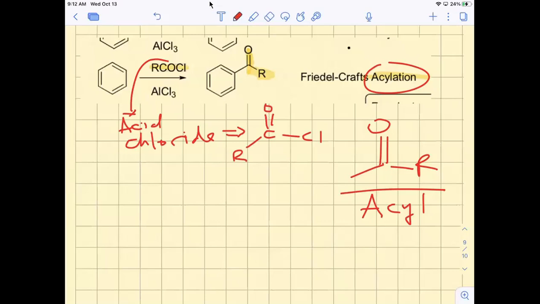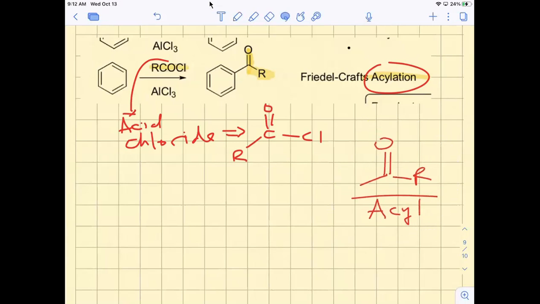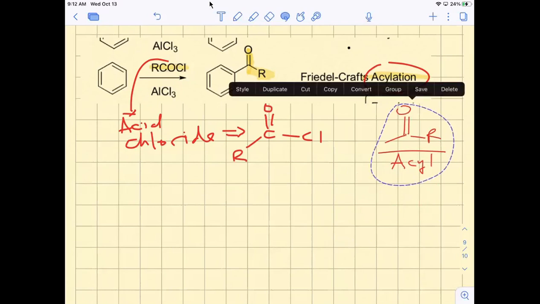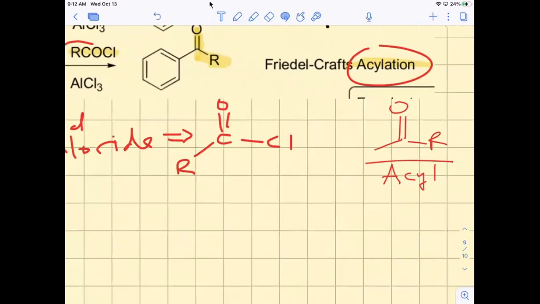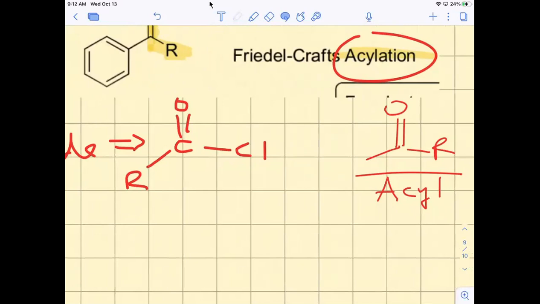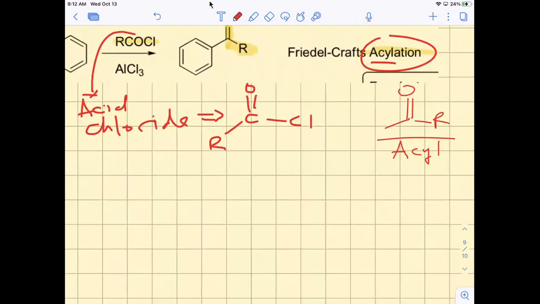It reacts similar to an ester or carboxylic acid, but it's much more reactive than both of those. So we're going to use this acid chloride to add the acyl group onto the ring. It's the chloride part that's going to get activated.